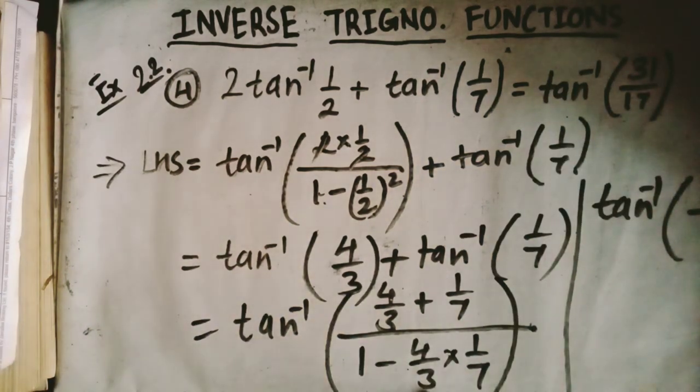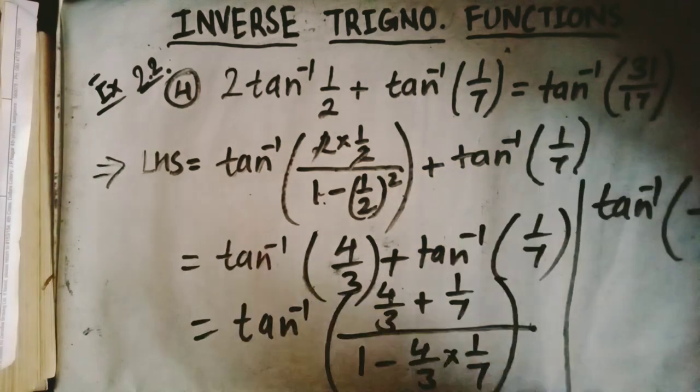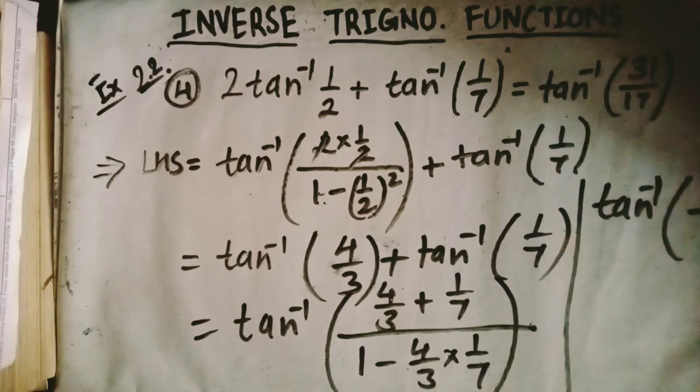Denominators get cancelled, so 21 minus 4, so 70. So this is the answer.